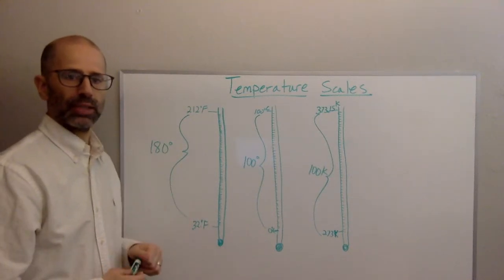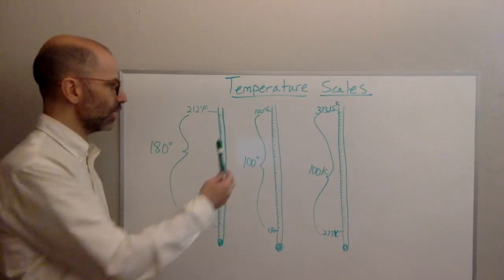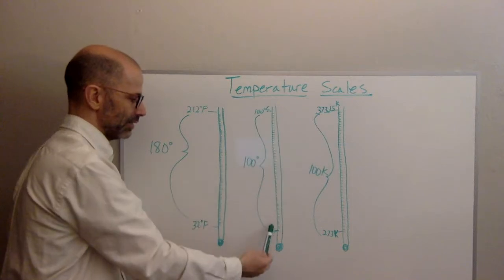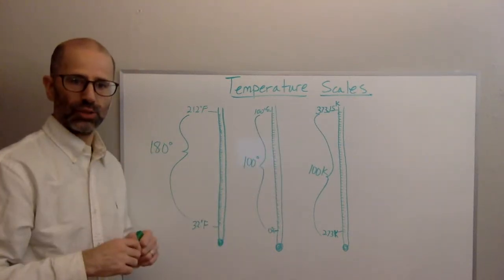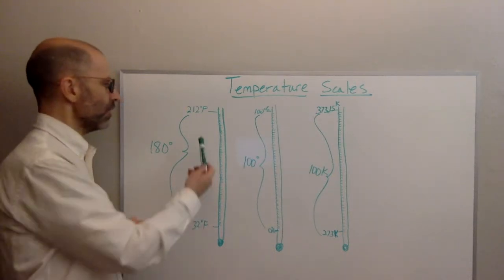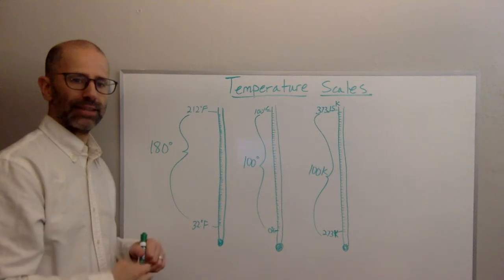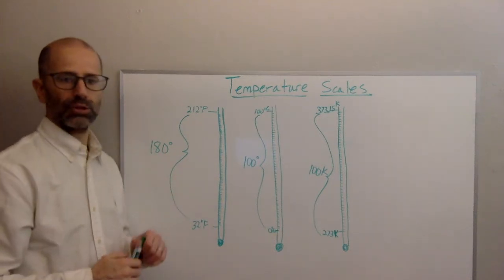Well, the difference between the Fahrenheit and the Celsius scale is that the Celsius scale takes that distance and divides it into 100 equal length sections, or degrees. The Fahrenheit scale divides it into 180 degrees.